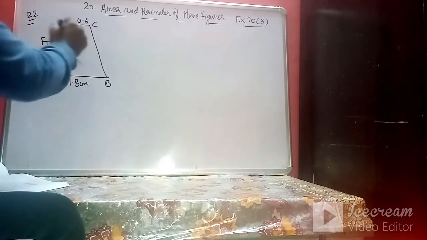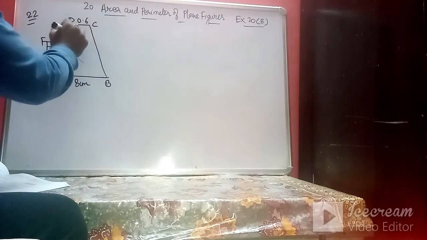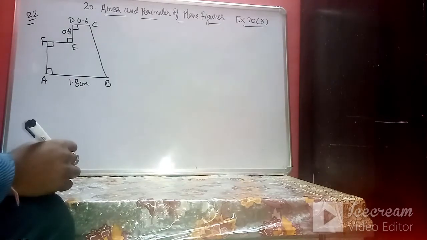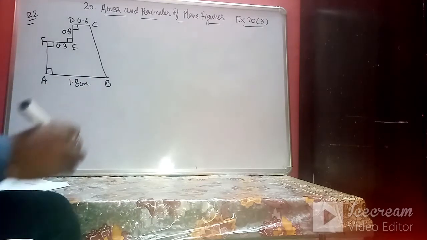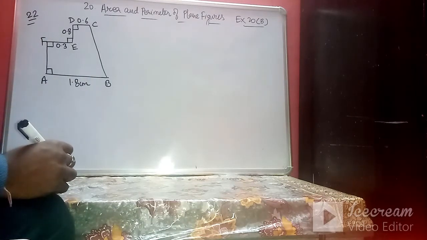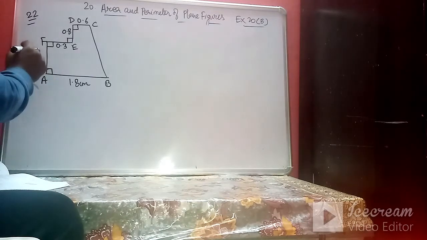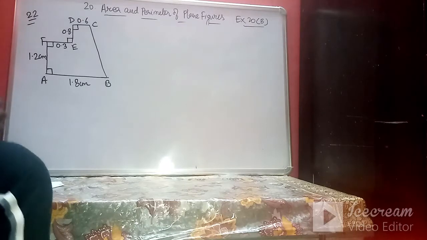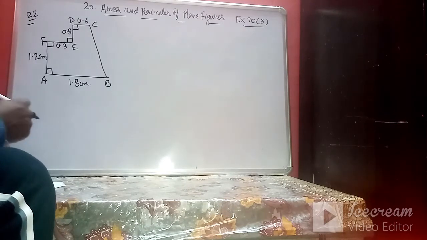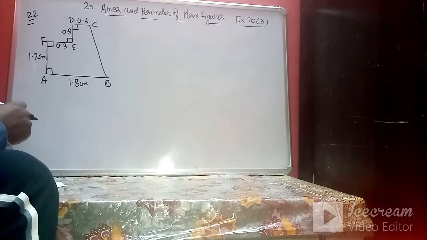DE is 0.8. EF is 0.3. AF is 1.2 centimeter. Okay, so with the help of these given values, we have to find the area of this concrete structure.